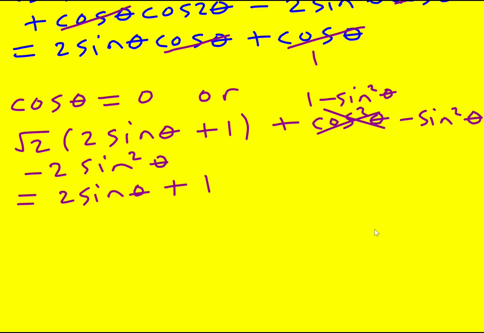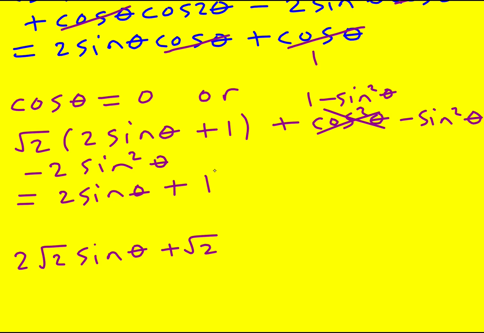So let me just put this together. Shall I expand this out? I probably should. So 2 root 2 sine theta plus root 2. Oh, I've just spotted something else actually. This is good.